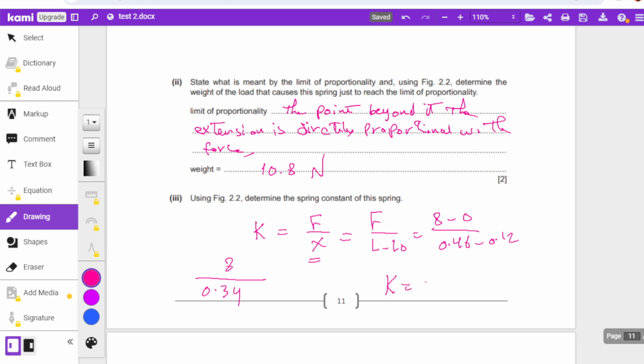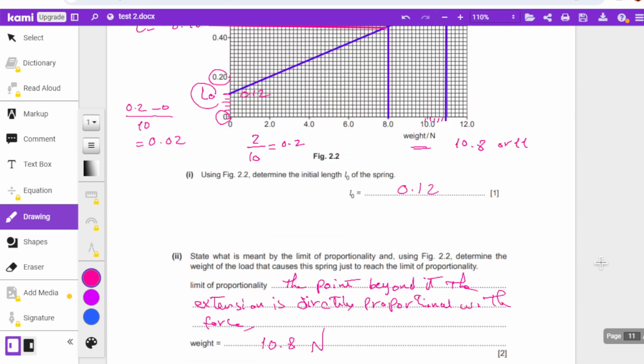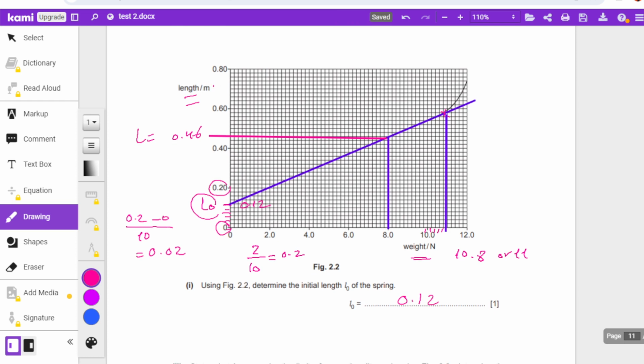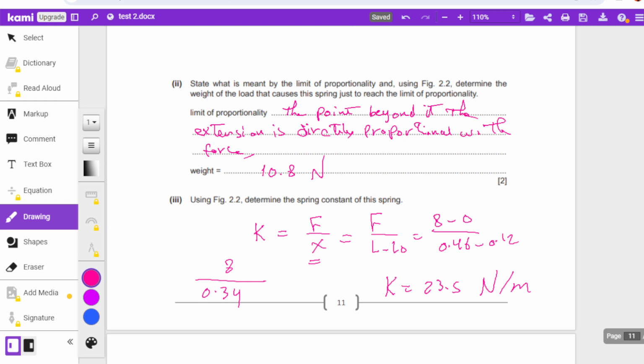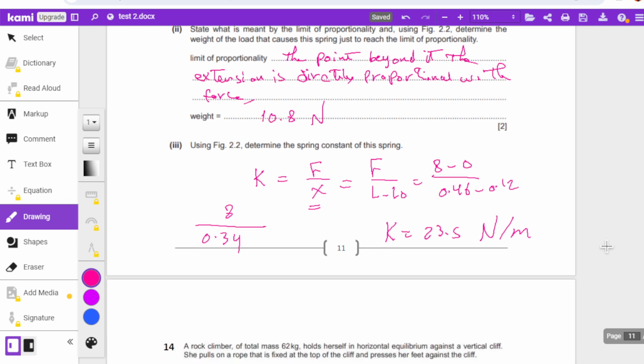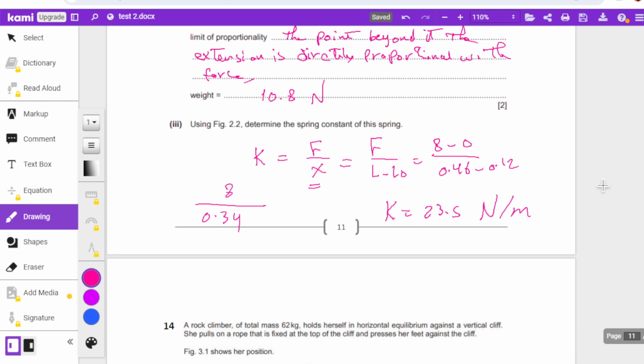So K equals 23.5, and the unit is Newton per meter. But you have to be sure the unit of length is meter, because sometimes he gives you millimeters, so you have to change the unit.